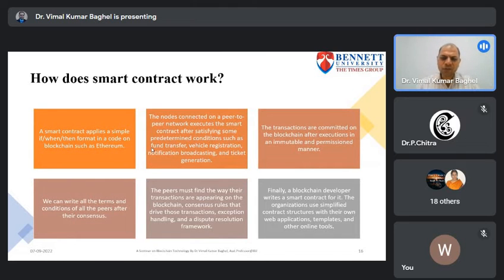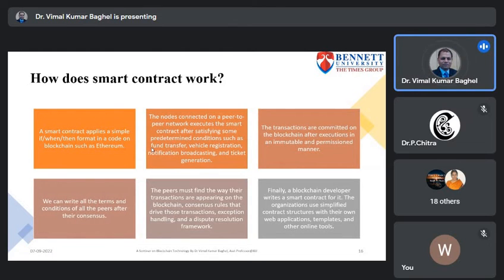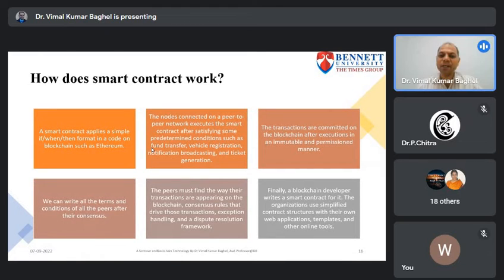So there are a lot of use cases in which we are trying to deploy a business onto the blockchain. For example, the vehicle registration system. If a vehicle is purchased and all the conditions are satisfied, like the bill is paid, the manufacturer has provided a vehicle, and the consumer has agreed upon the terms and conditions of the manufacturer and retailer, and there is a smart contract running between all these parties, then vehicle registration can be executed automatically.